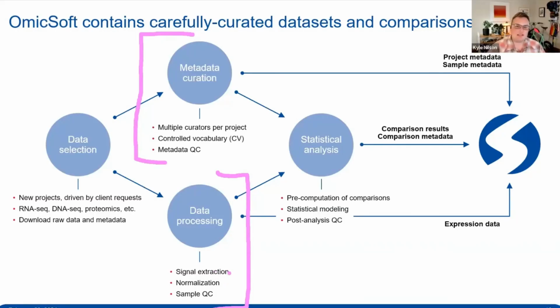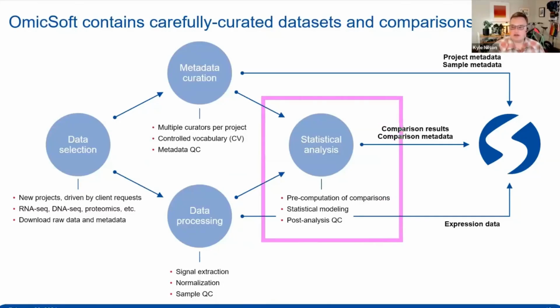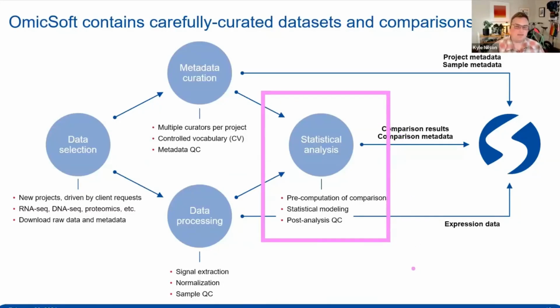The data processing is where, for RNA sequencing and microarray, we actually reprocess the data from scratch. And because we are reanalyzing the data, we can normalize the data to a 70th percentile, for example, and then from there, we can go ahead and perform both quality control, again, looking for swapped samples or any kind of mistake, but also statistical analyses.